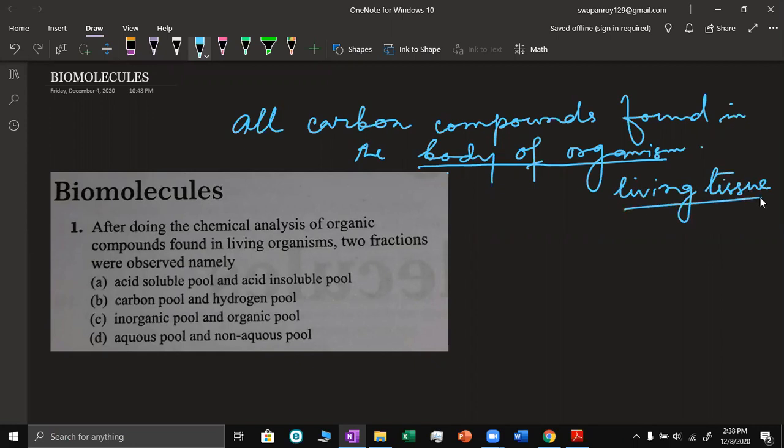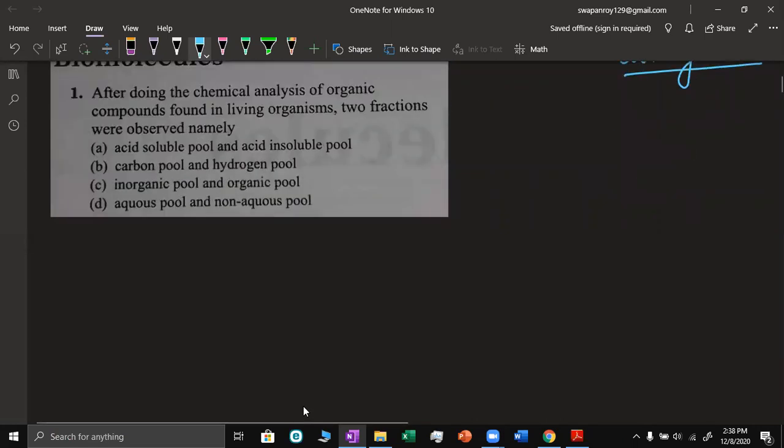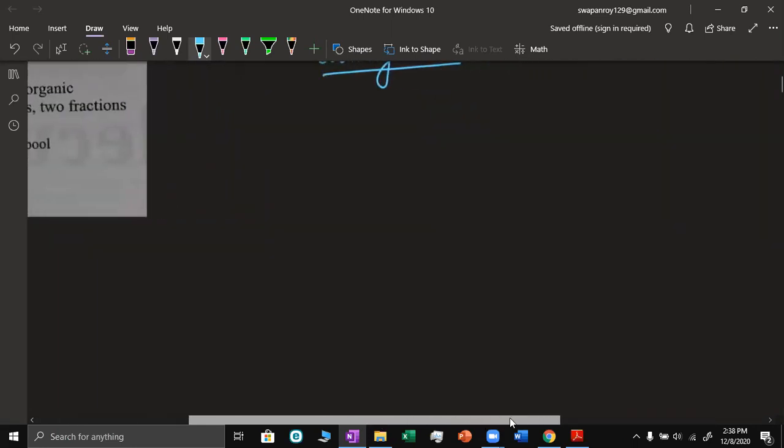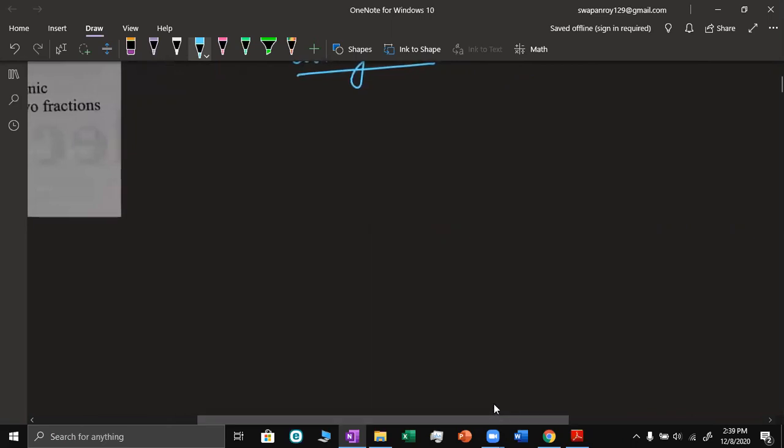This tissue analysis is to find out what are the different compounds, what are the chemicals that are present in the body of the organism. These things are identified by two different methods. One is for the organic compounds, and another one is for inorganic compounds.